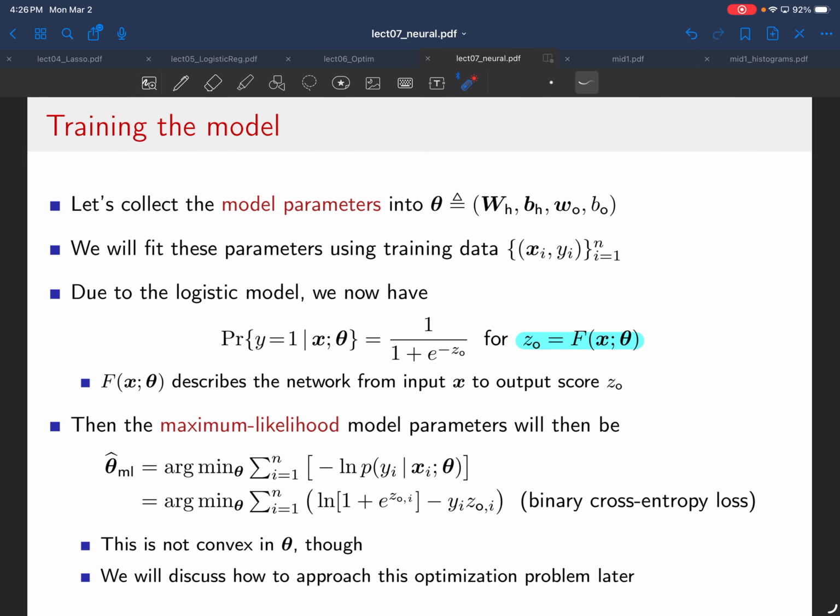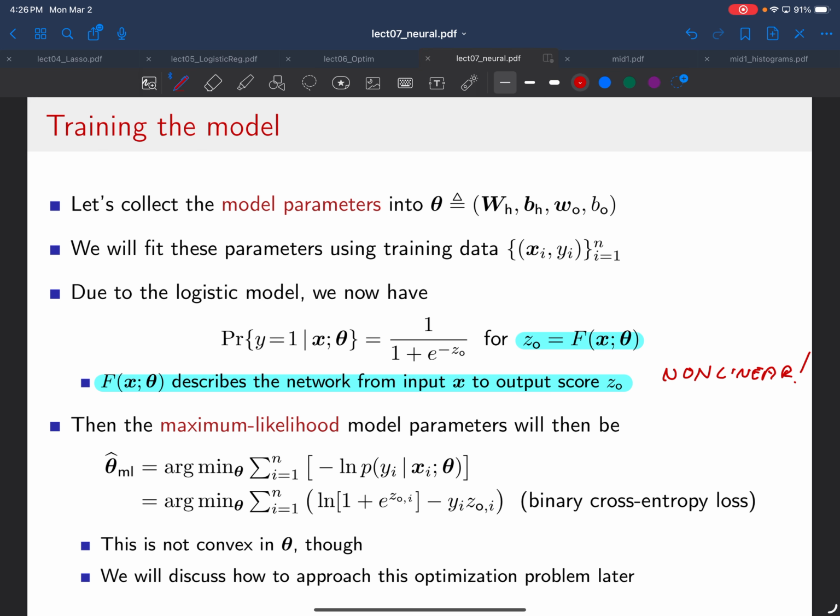So this is what's really different now, is that this function f is describing the network from the input all the way to the output score, which is nonlinear. That is why it's interesting. That is why it can do this fancy nonlinear classifier boundary and classify this particular data set well.